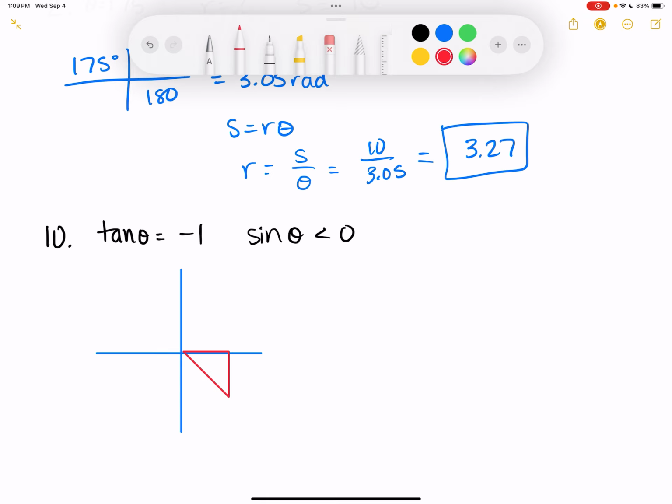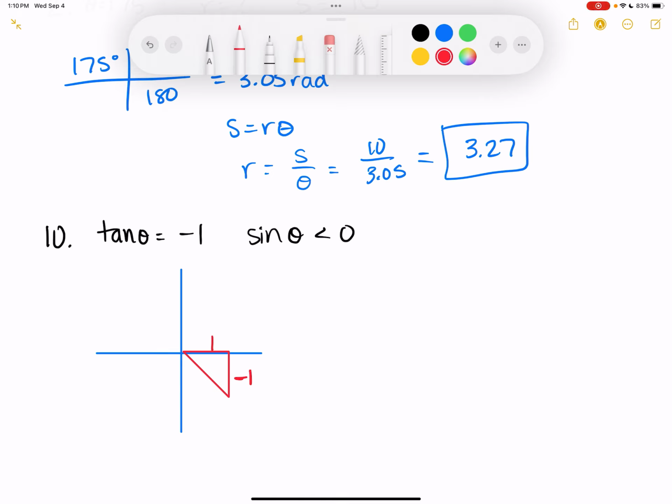All right, so tangent is what value? SOH CAH TOA. That's why it's -1, because this is the going down value, and this would be 1.